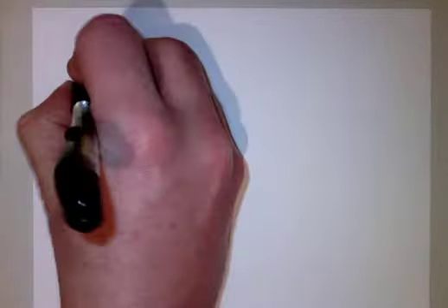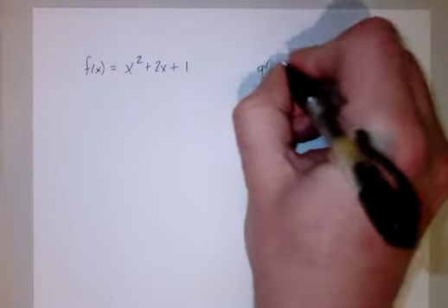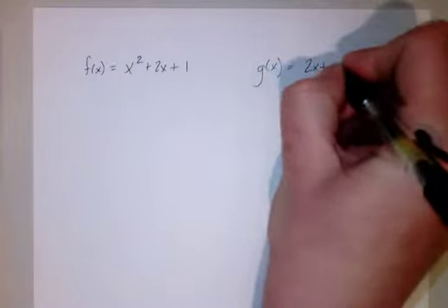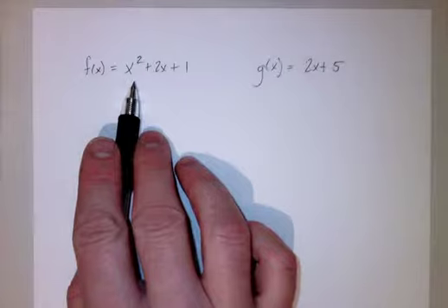Alrighty, let's say that I am given f of x equal to x squared plus 2x plus 1, and let's say I'm given g of x equal to 2x plus 5. You should recognize the fact that f is x plus 1 squared.